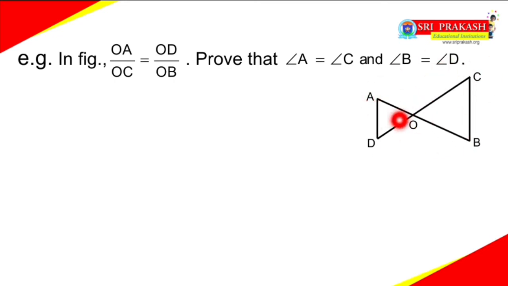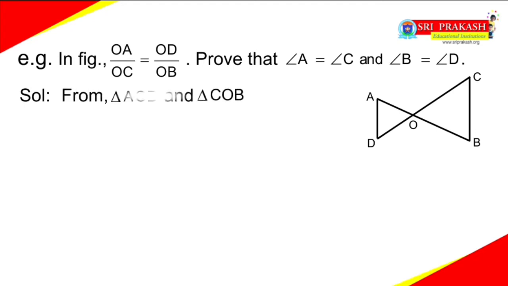Next, in the figure, OA by OC is equal to OD by OB. Prove that angle A is equal to angle C and angle B is equal to angle D. Let us start.